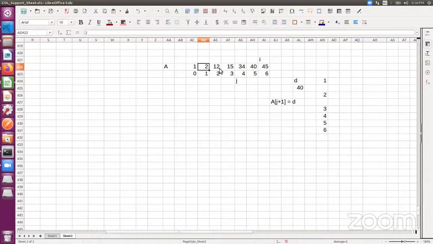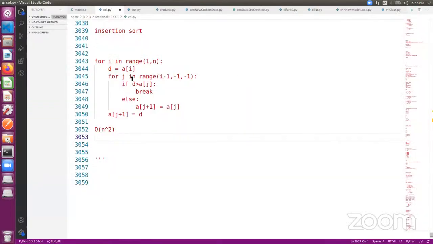Again, 12 is greater, break. 15 is greater than 12, break. 34 is greater than 15, break. So like that, in every I loop, inside the J loop, the first iteration itself, it will break and come out. So n times the I loop will run, and only one time the J loop will run. So n into 1 is n. So the best case is order of n.